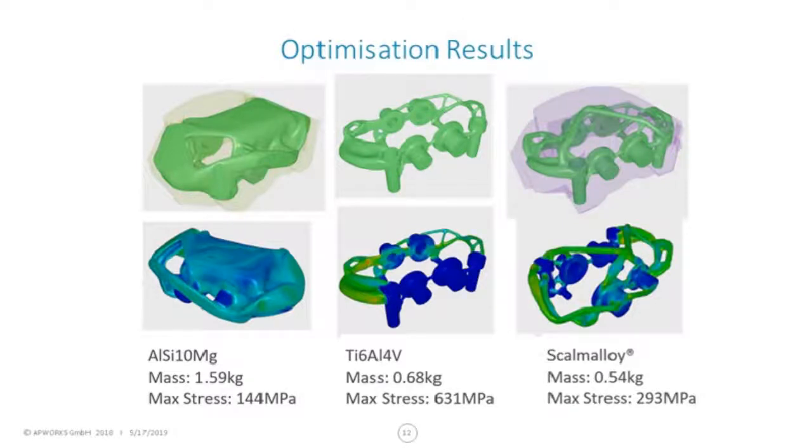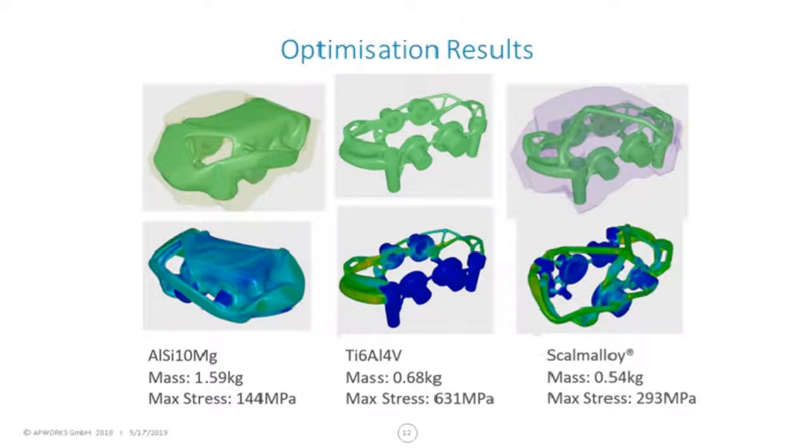To give you an idea, the aluminum silicon 10 alloy has a yield strength in the range of around 220 megapascals. Titanium 6-4 has a yield strength in the range we use for this of 900 megapascals. In reality, with additive manufacturing, it can be quite a bit higher, well over 1,000.